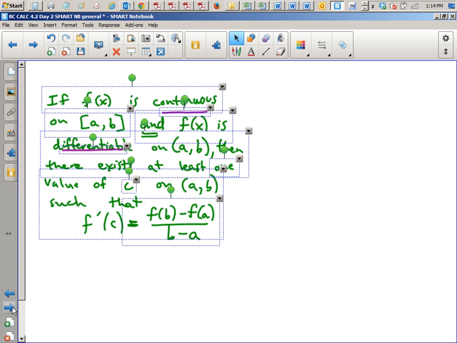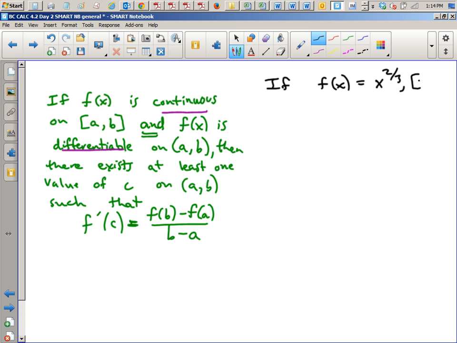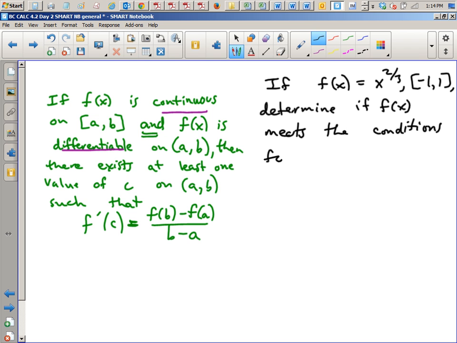Okay, so the questions are all going to be based on this theorem, right? And so let's see what one might look like. So your instructions might look something like this. If f of x is equal to x to the 2/3, and the interval, let's say, is from -1 to 1, determine if f of x meets the conditions for the mean value theorem.